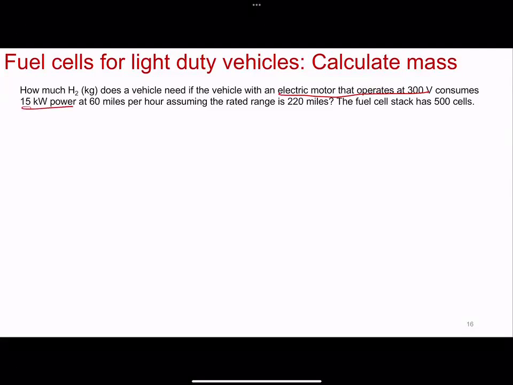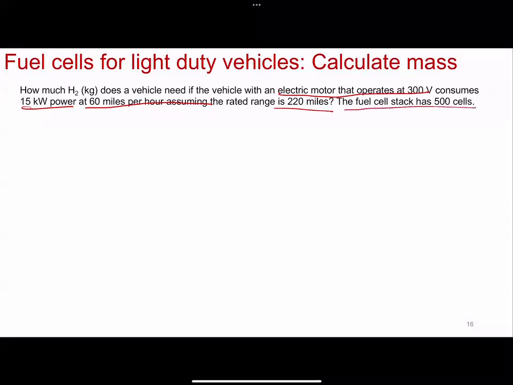It uses 15 kilowatt of power. And let's say you're going to drive at 60 miles per hour, right? Because that's fuel efficient. And let's say the rated range for this fuel cell is 220 miles. Coincidentally, that is how far it is round trip for going from Columbus to Cincinnati.